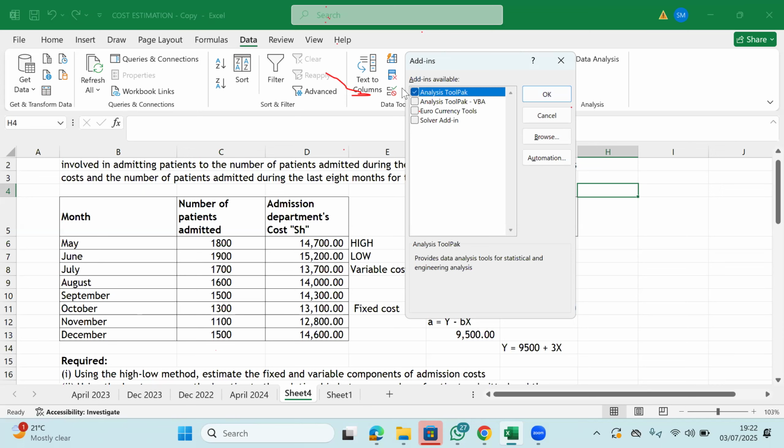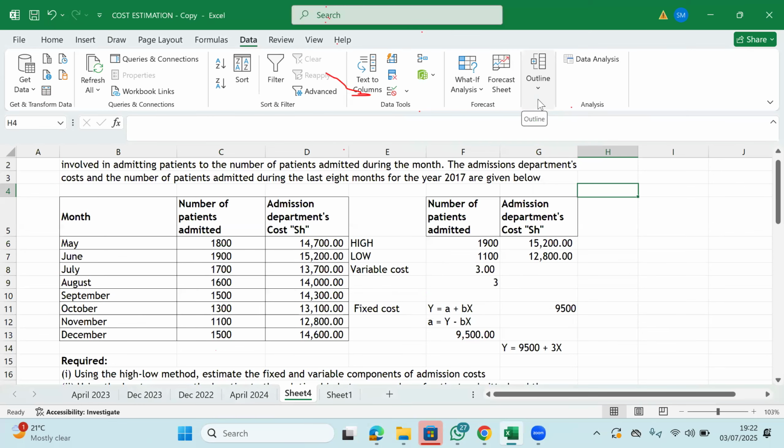Ensure that box is ticked, then okay. So please confirm now if you have your data analysis tool appearing. Otherwise, if not, repeat the same process.